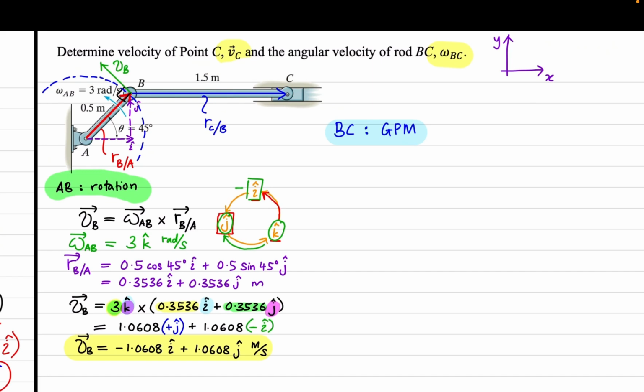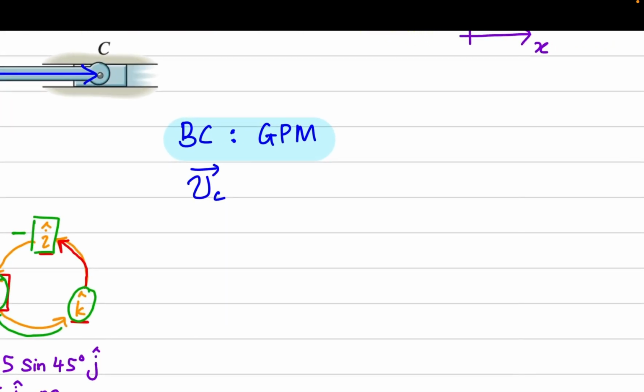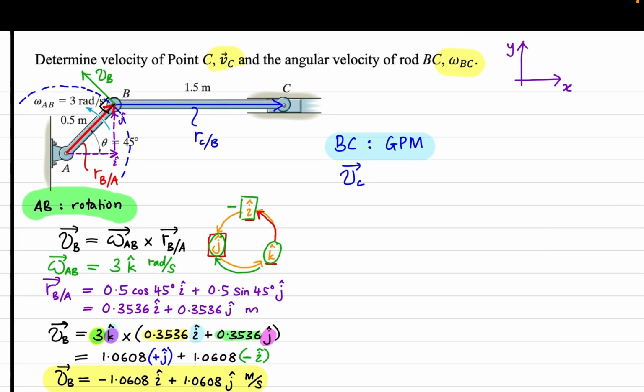All right, so now let's write down the equation. This is what we want to calculate, which is VC. So what is the equation that we learned before? VC, vector, I will zoom in here. When we want to calculate for general plane motion, remember, it has to refer to another point. So now we are focusing on VC. You will need to refer to the other point that is on the same body, which is VB. So VB we have calculated before.